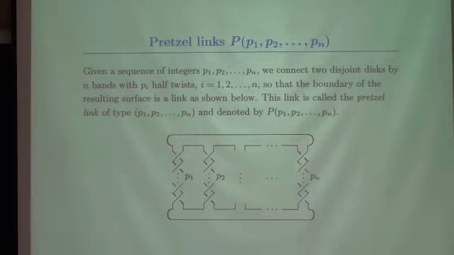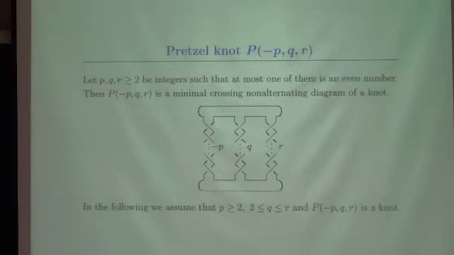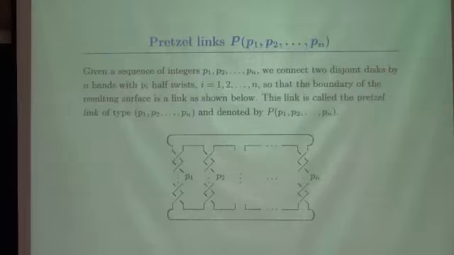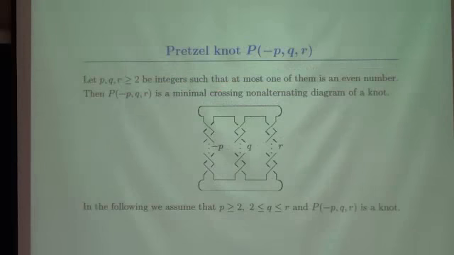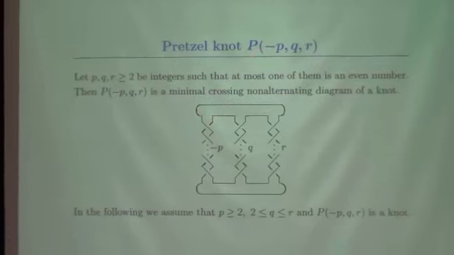So you have two disks, and the disks are connected by twisted bands, and if P1 is positive, then you have right-handed twist with P1 crossings, and if P2 is negative, then it has negative left-handed twist with absolute value of P2 crossings, and so on. But to utilize Reidemeister move 3, we focus on 3-strand pretzel.